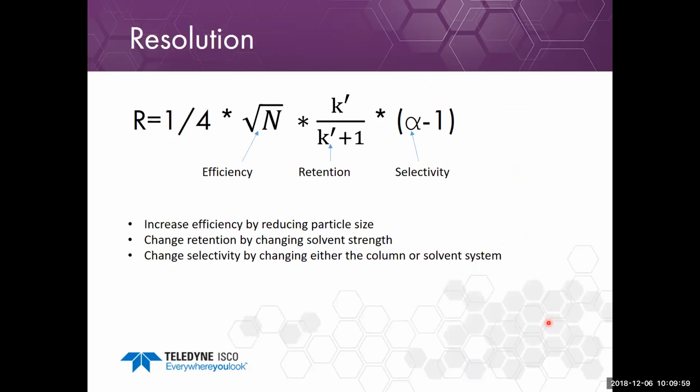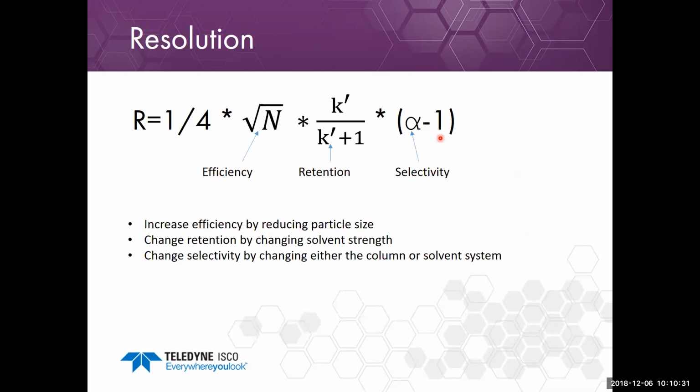So how do we affect resolution? Well, there are 3 major parts to the resolution equation. You have efficiency, retention, and selectivity. We can increase efficiency by reducing the particle size, and we've done that by using particles so small that we have higher back pressure. You can change retention by changing the solvent strength, and you can change selectivity by changing either the column or the solvent system.